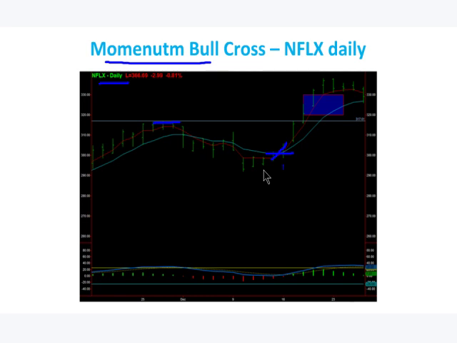When you get that signal, you can put on a slightly out of the money option debit spread. A lot of times we'll do an at the money debit spread, and that's fine. It doesn't matter the cost. We're not really looking for a huge amount of leverage. What we're looking for is consistency in generating profits very quickly.